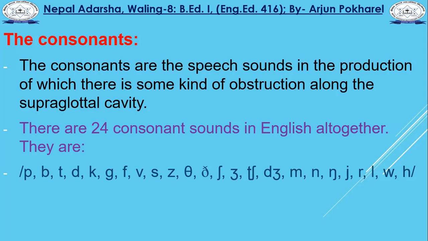This cavity is known as the supraglottal cavity. And there are 24 consonants, and these are listed here.